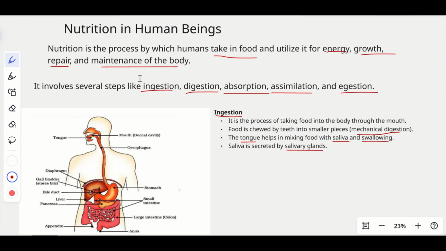Digestion happens in different steps. First, it starts in the mouth. Then digestion also happens in the esophagus, then in the stomach, and in the small intestine. We have to learn each in detail, so let's check one by one.